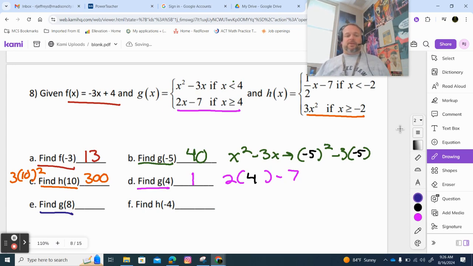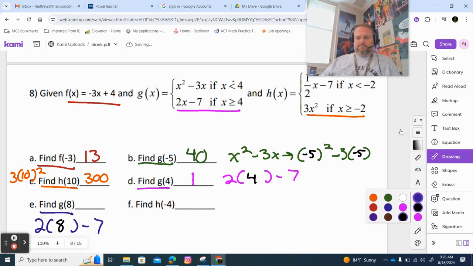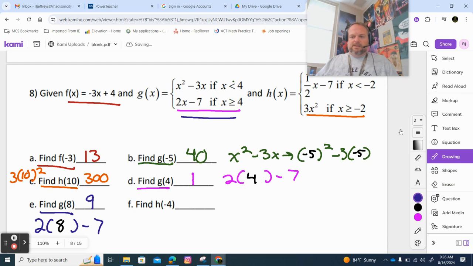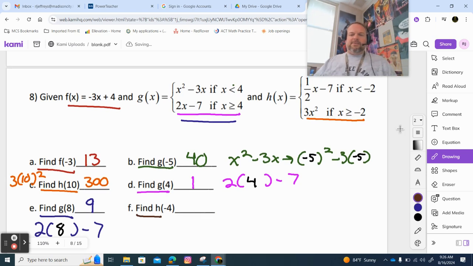So 8 is also greater than or equal to 4. And then what color have I not used? I've used red, purple, pink, brown.